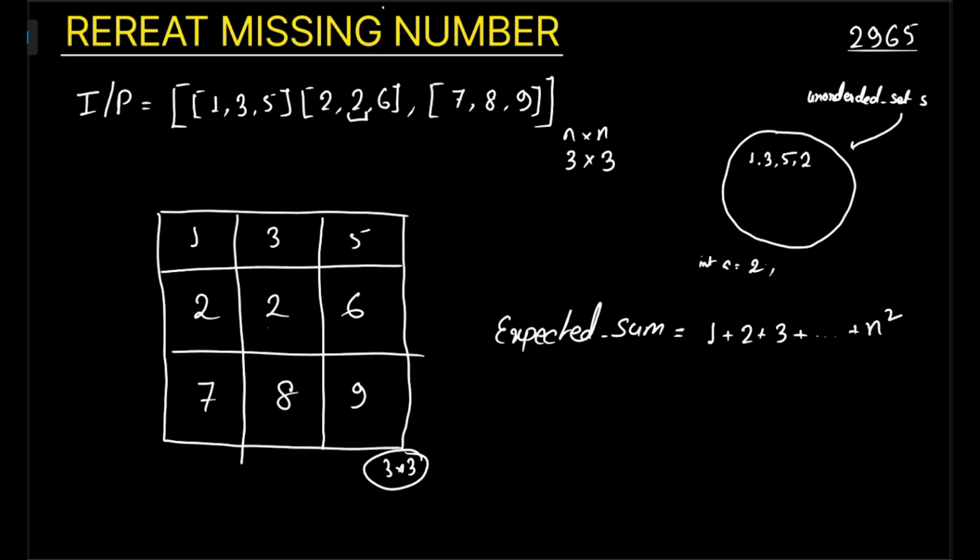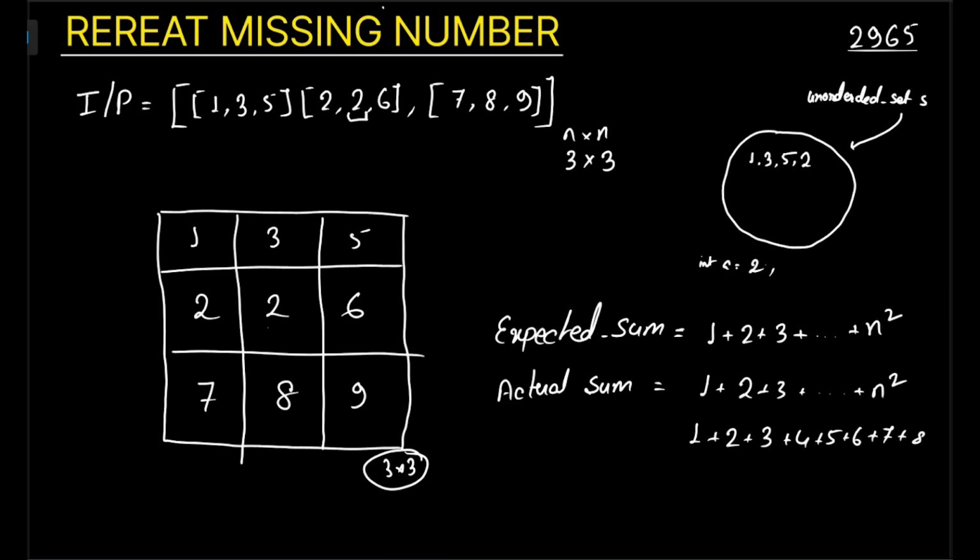We will first calculate their sum, and then we will check the actual sum. Actual sum is 1, 2, 3 up to n square. Means if there are 9 indexes, then we will just sum 1, 2, 3, 4, 5, 6, 7, 8 and 9.